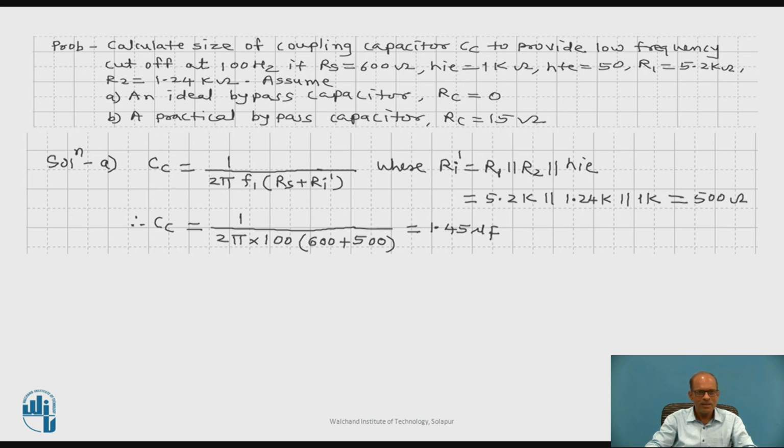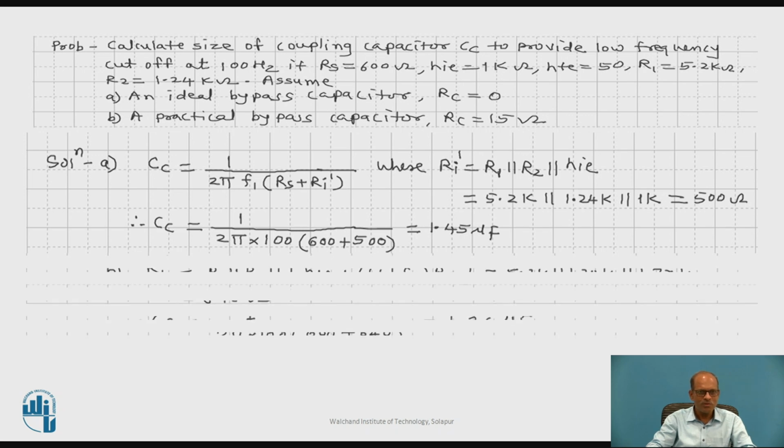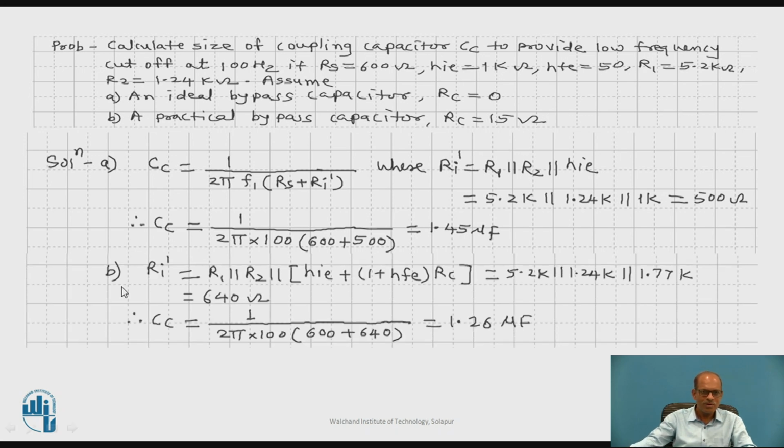And in part B, a practical bypass capacitor with RC equal to 15 ohm. So solution for part B, Ri dash is equal to R1 parallel R2 parallel, in the bracket, hie plus 1 plus hfe into RC. So this 1 plus hfe into RC is the additional part due to the resistance of the capacitor. Now substitute the values of R1, R2, hie, hfe and RC.